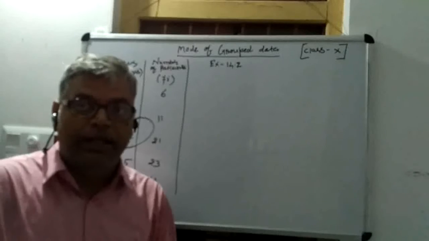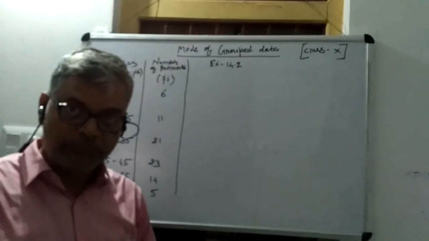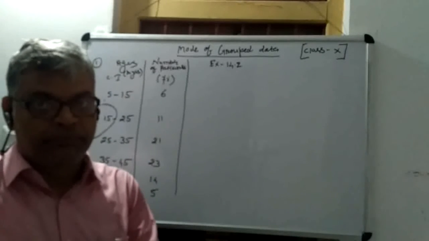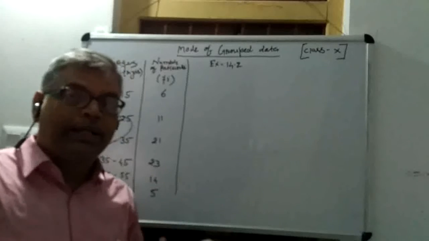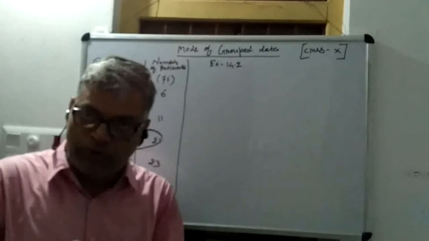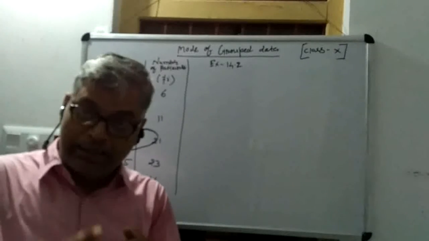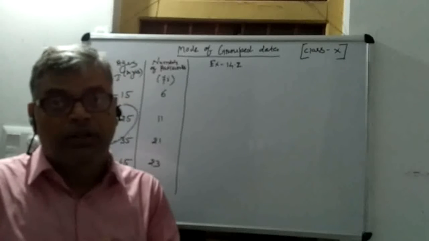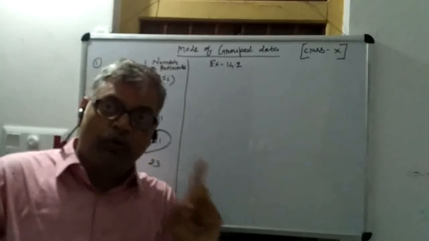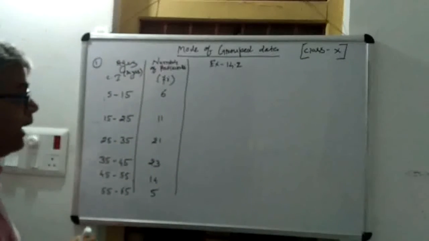For that, students, you have to see in the frequency table, the frequency which is greater, their corresponding class will be the modal class. Just keep one thing in your mind: the frequency which is largest in the frequency table, their corresponding class will always be the modal class.